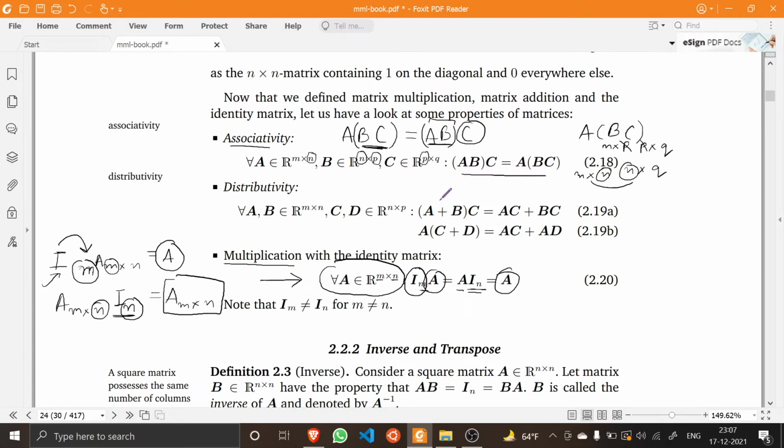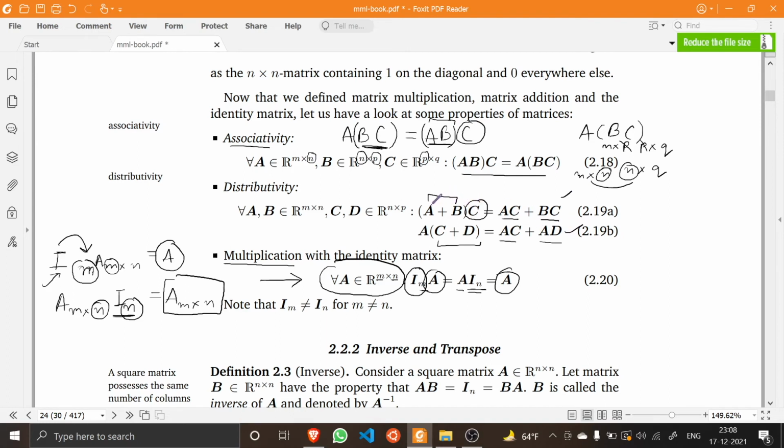Similarly, with distributivity, when given appropriate dimensions, right? When the dimensions of A and B are equal and the dimension of their sum is compatible with the dimension of C, we will see that it will be equal to AC plus BC. And similarly, multiplication can also get distributed over addition, so AC plus AD. What is the difference between the first distributive property and the second?